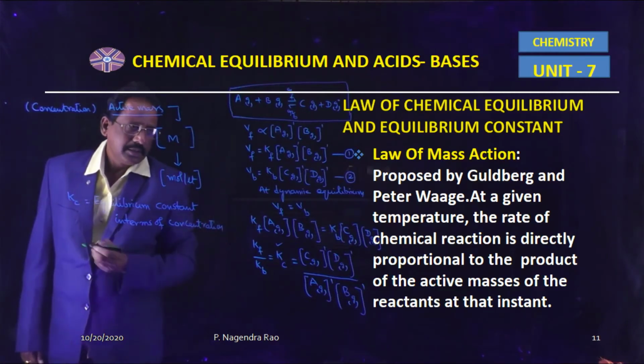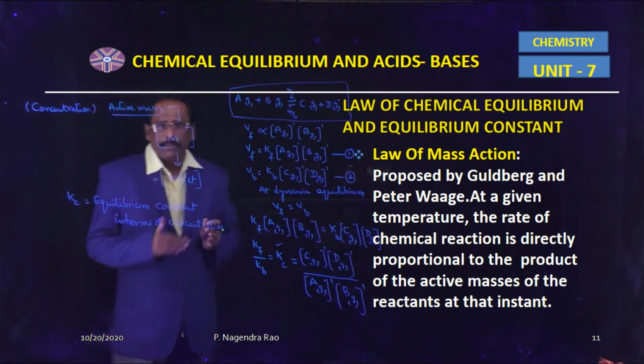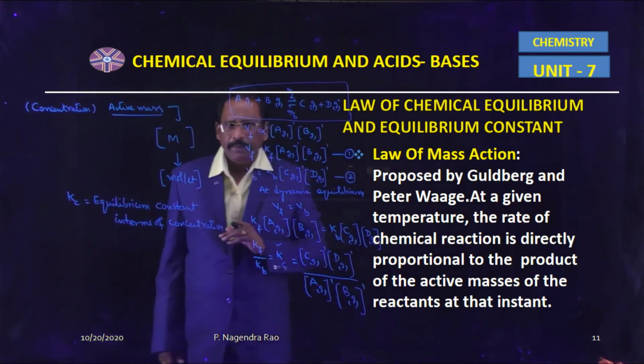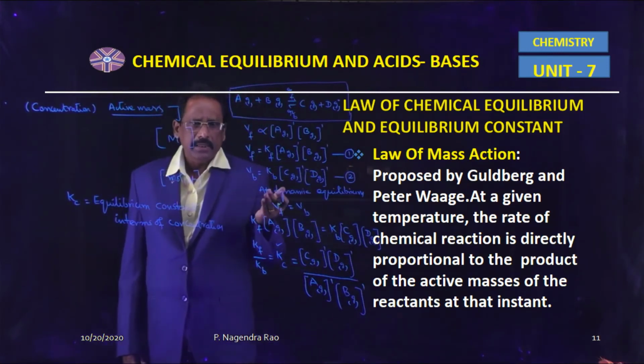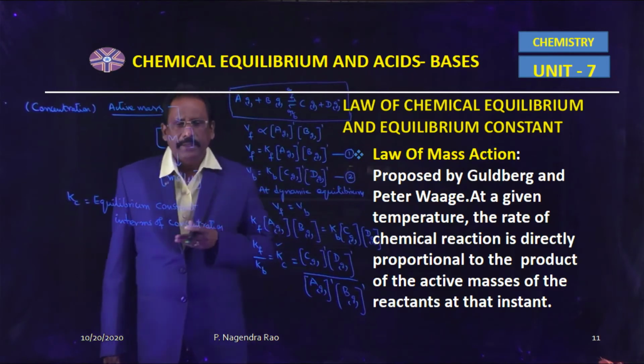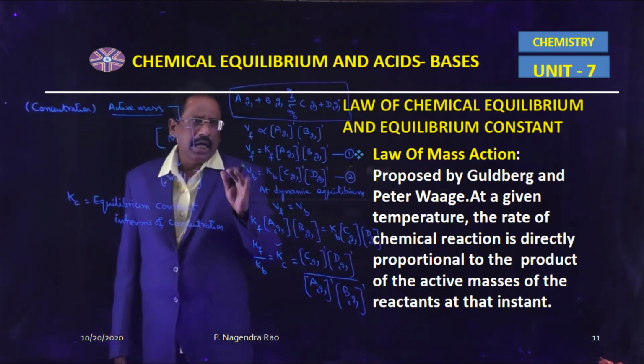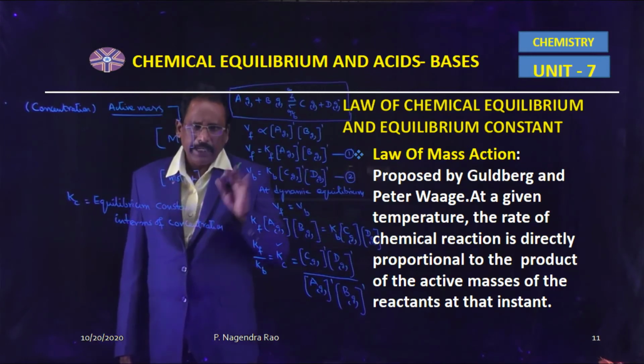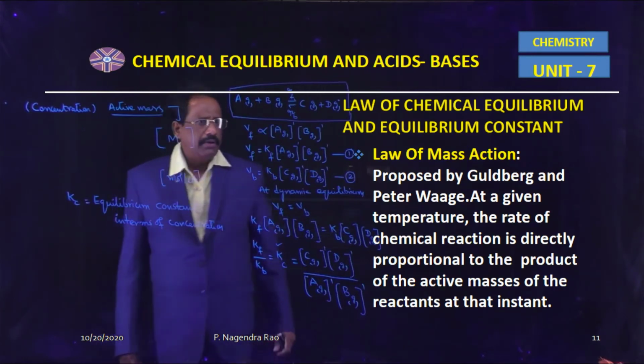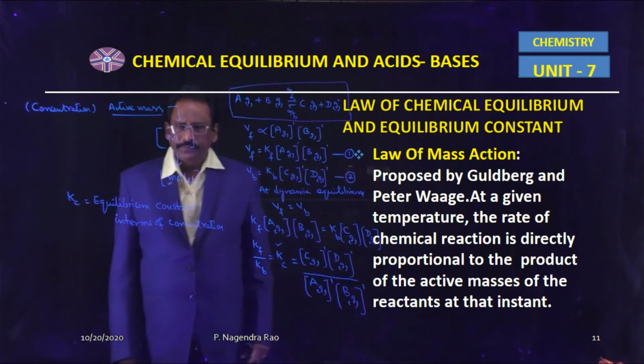So this is the main topic for this chapter. The chapter name is itself chemical equilibrium. So now the law of chemical equilibrium depends upon the law of mass action.